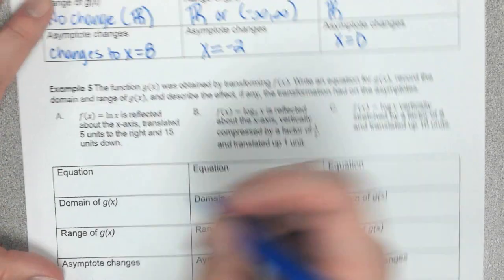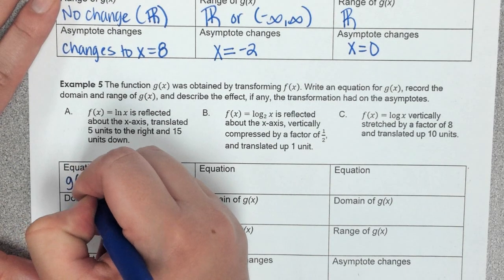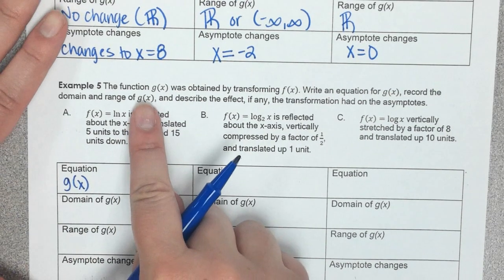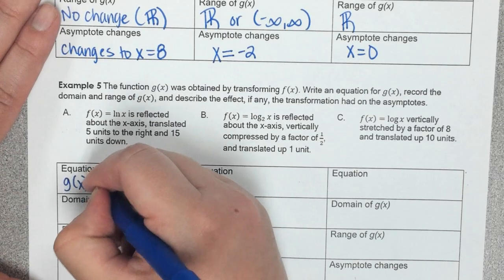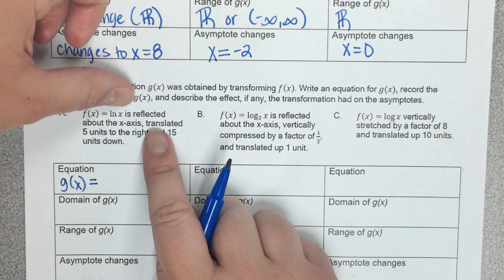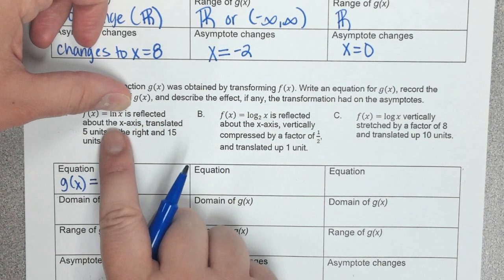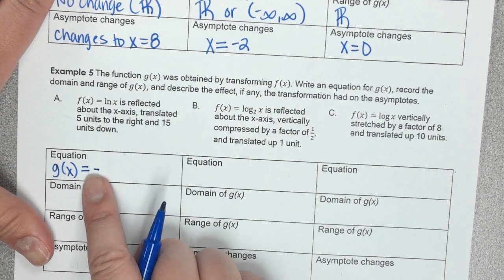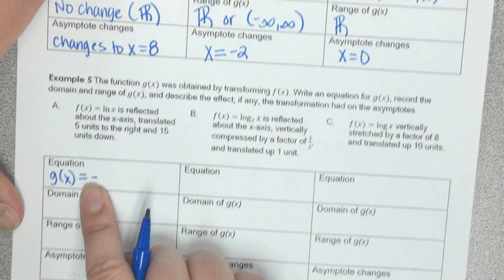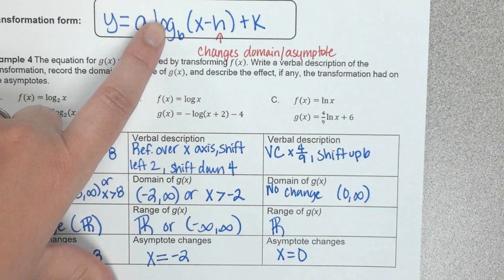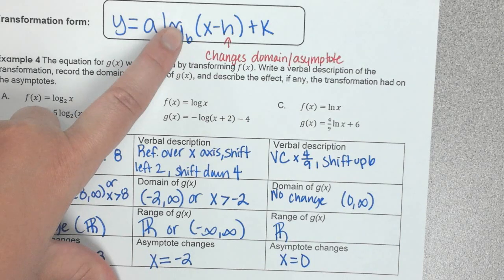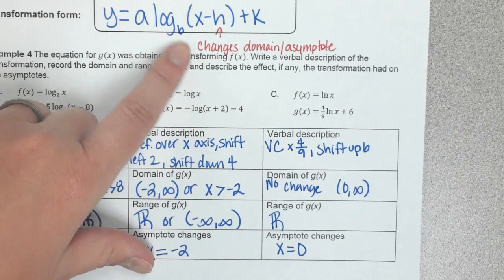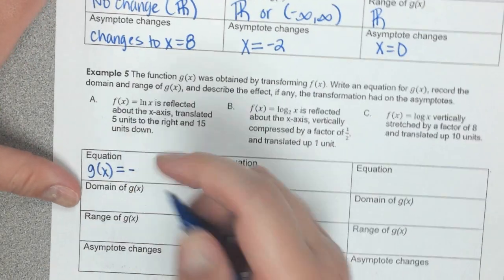Okay? So we're dealing with g of x equals reflected over the x-axis. Remember that is an A, so it gives us negative, right? The type of function or the type of log we have is a base e. It's a natural log. So in place of this, I write ln.